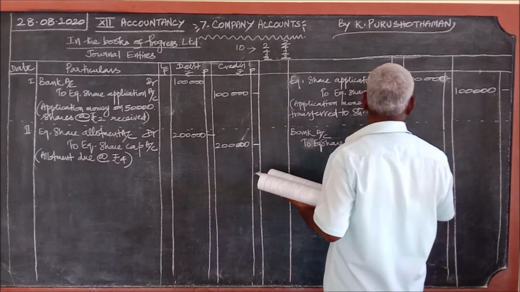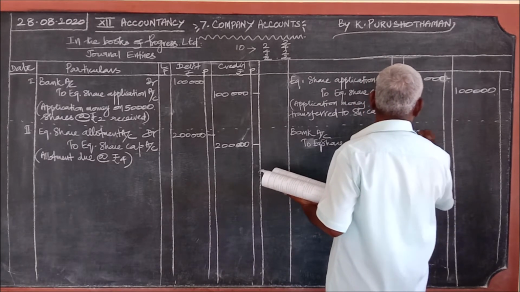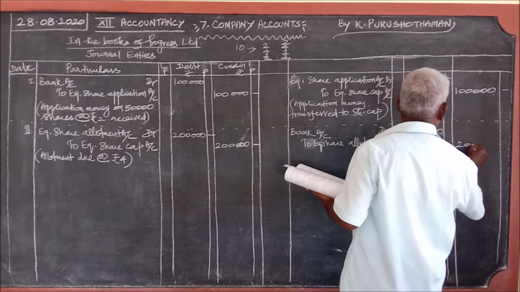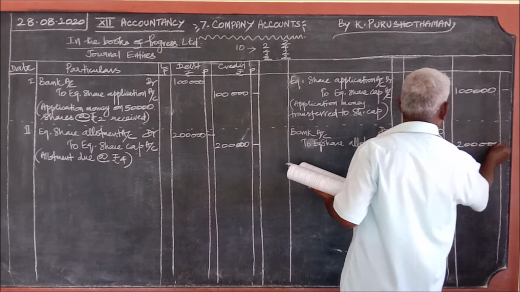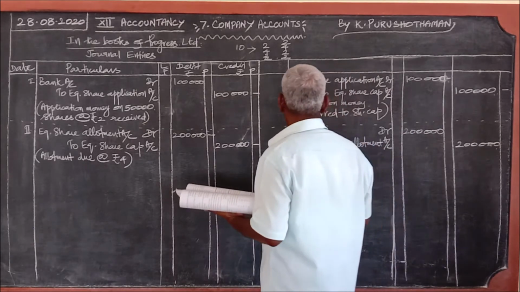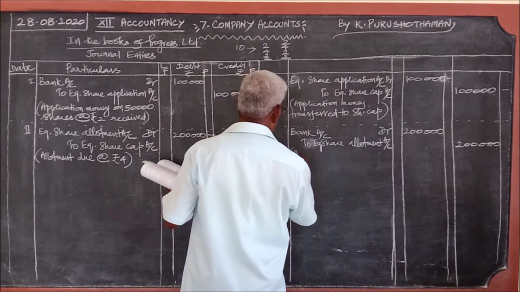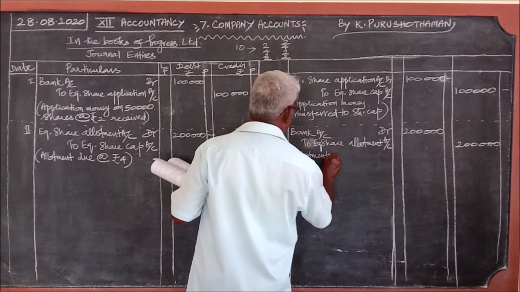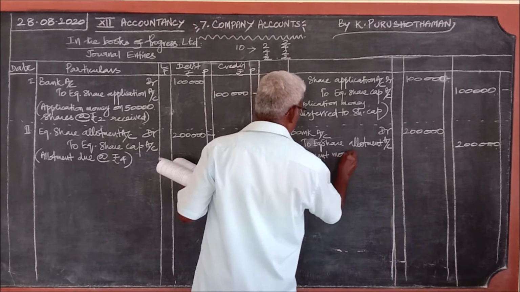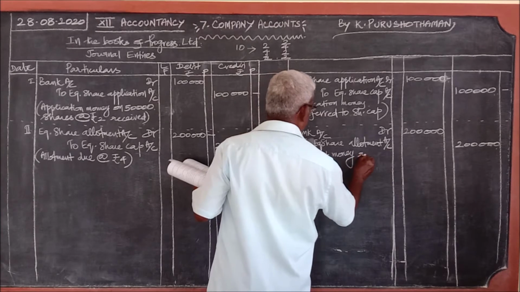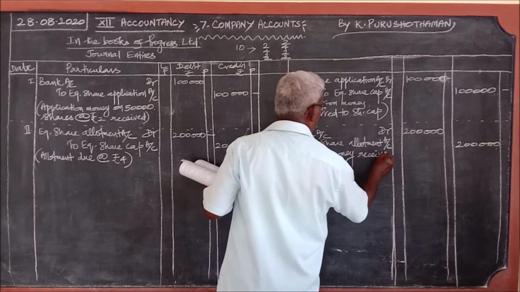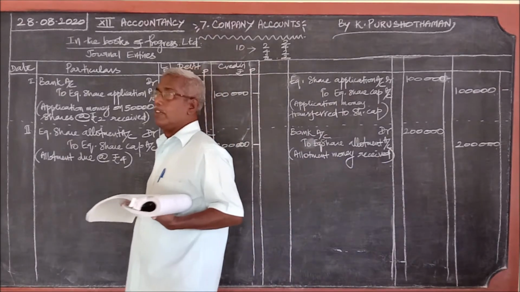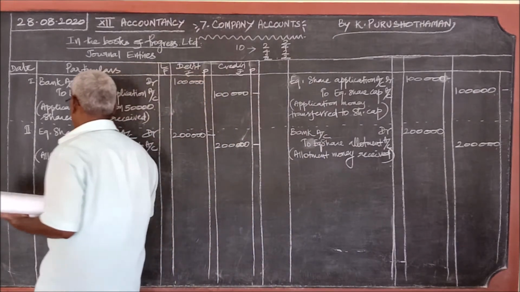The same 2 lakhs. Narration: Allotment money received. Now we are going to the third stage.